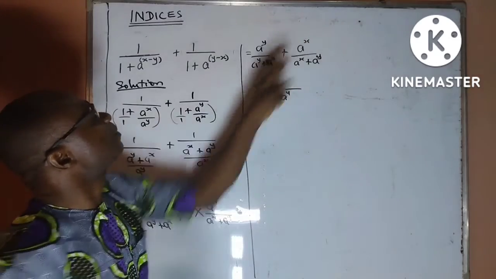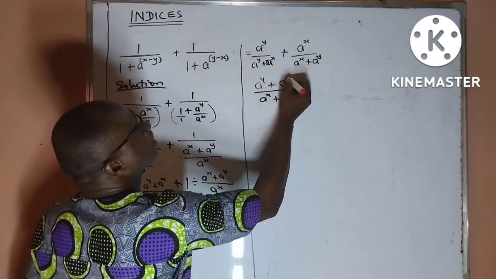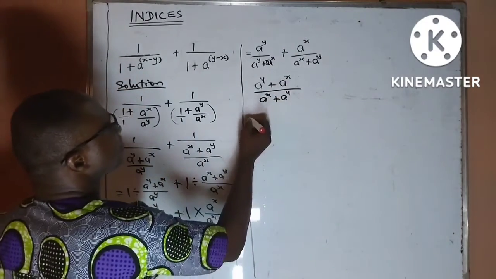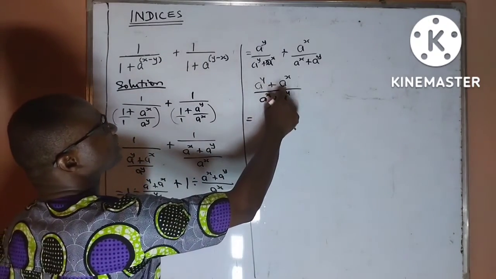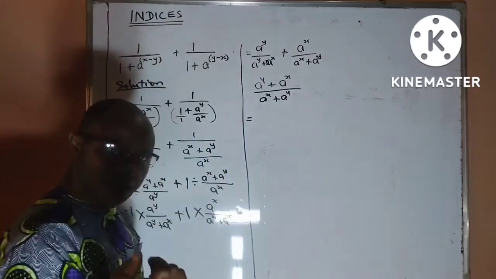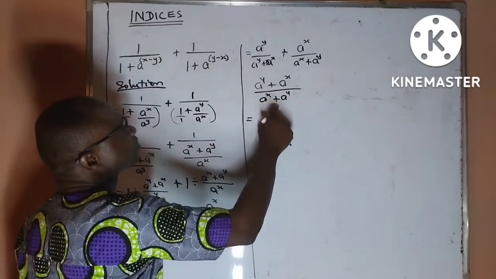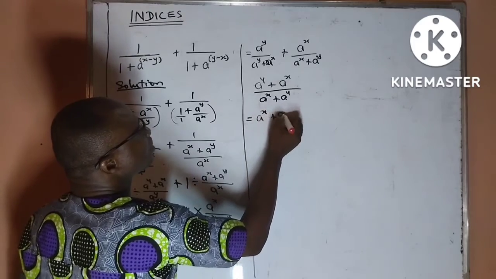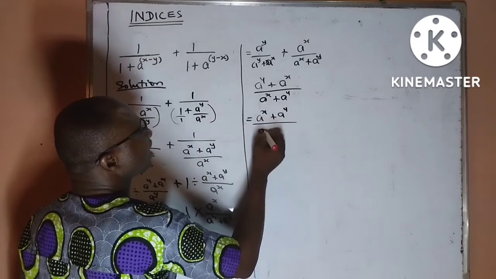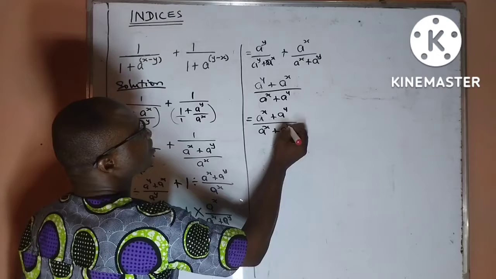And when I use that 1 to multiply this, I will still get a raised to the power x. Permit me now to write it, since we say that a raised to the power y plus a raised to the power x is the same thing as a raised to the power x plus a raised to the power y, I can write it as a raised to the power x plus a raised to the power y all over a raised to the power x plus a raised to the power y.